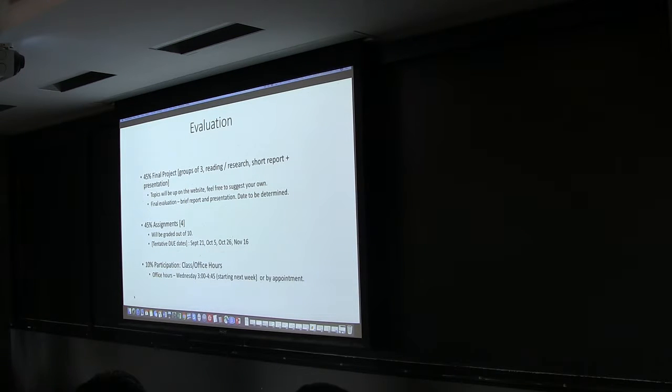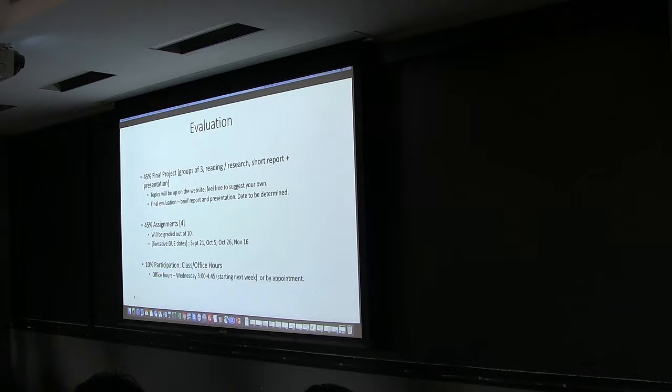So let me start by telling you a little bit how I plan to do the evaluation for this course. Maybe many of you are not taking it for credit, but if you are, this is a graduate course, of course, so I'm trying to keep the evaluation burden as little as possible. The idea is, of course, you're interested in the topics, and that's why you're in this course.